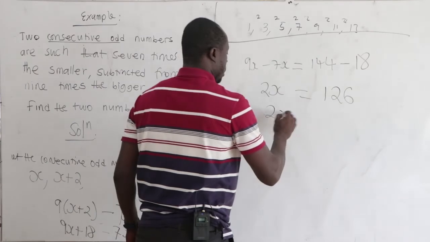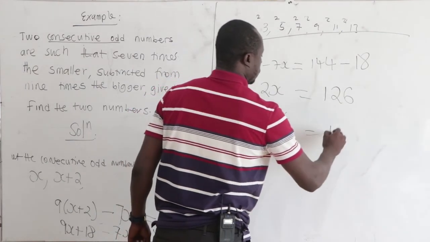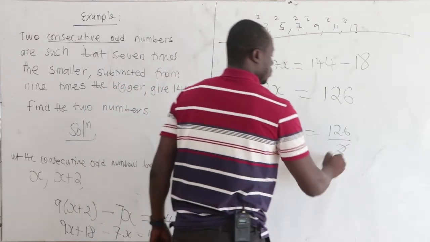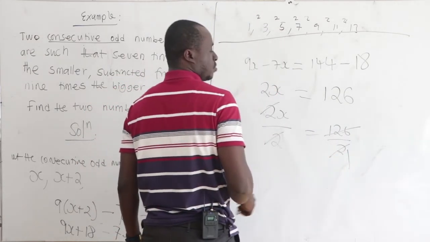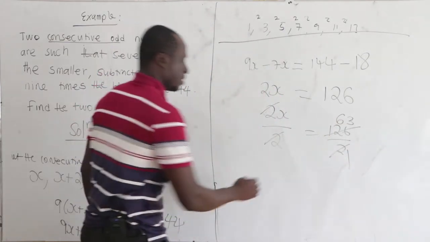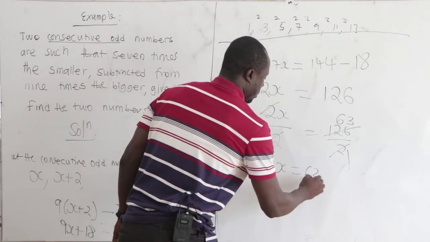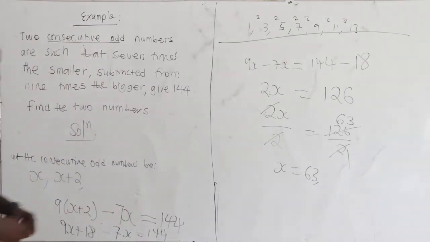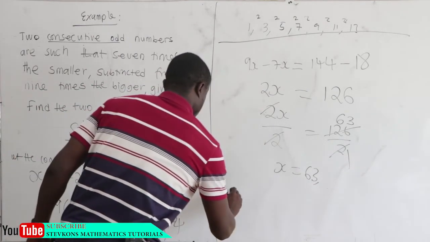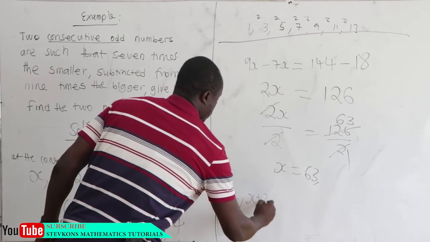We want to find x, so we have 2x over 2 equal to 126 over 2. This cancels out, and 2 into 126 is 63. So x is equal to 63. The first odd number is 63. It says we should find the two numbers. The first is x and the second is x plus 2.